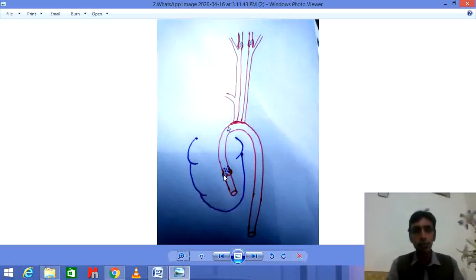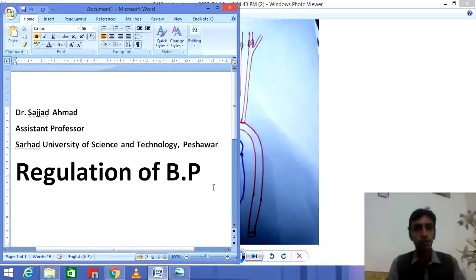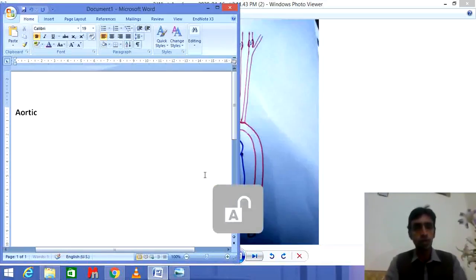So this dilated portion of the ascending aorta is called the aortic sinus. This one and this one, this is the aortic sinus.